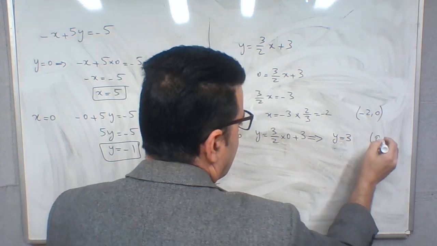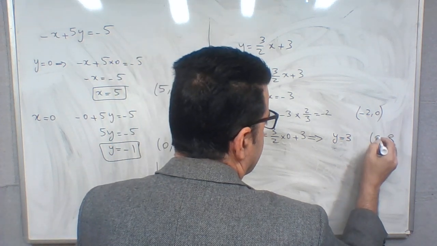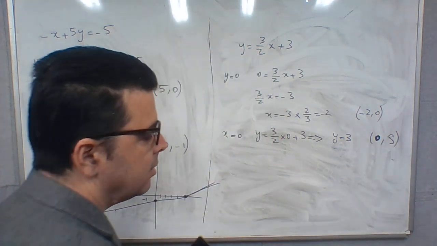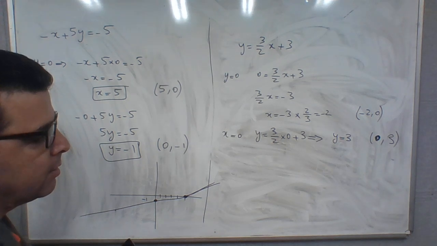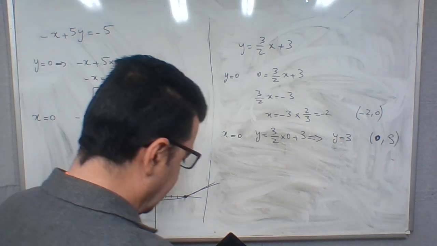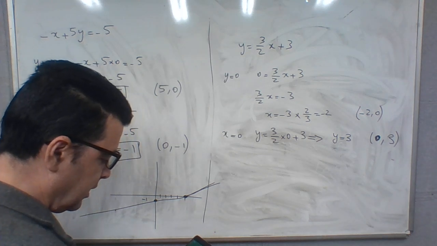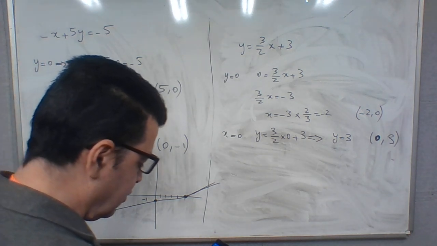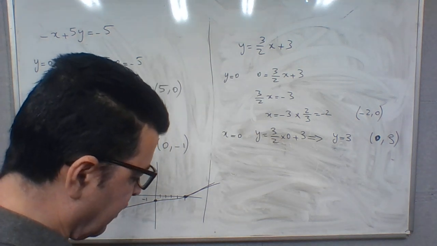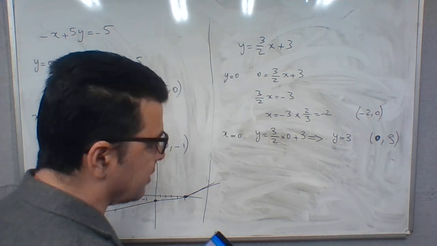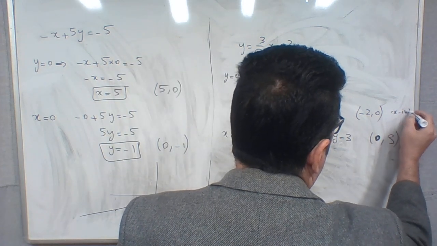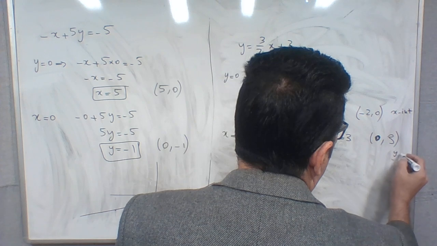So 0 and 3 is the y-intercept. Now we need to graph as the second part of the problem. Using the intercepts from above, draw the graph of y equals 3/2 x plus 3. So this was the x-intercept and this is the y-intercept.